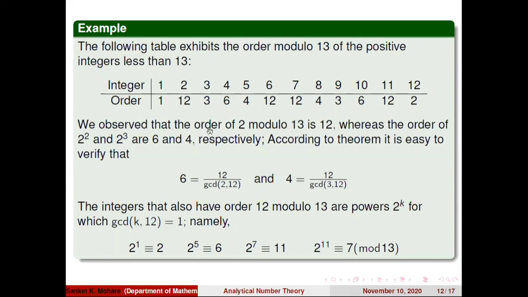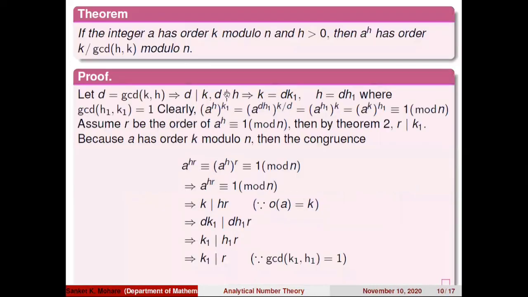So here we observe that the order of 2 modulo 13 is 12. So what is the order of 2 raised to 4, or the order of 2 square, 2 cube? We use that theorem. Now here the order of 2 is 12. So what does that theorem tell?